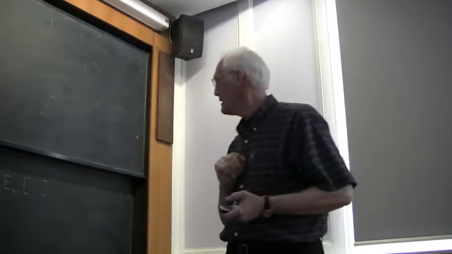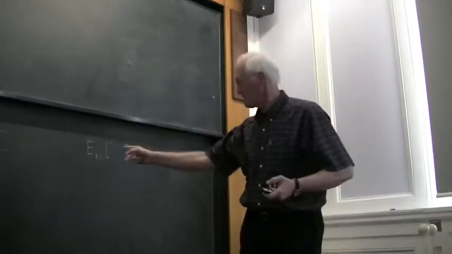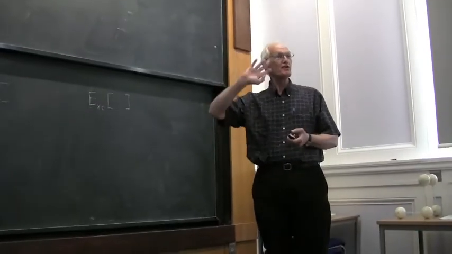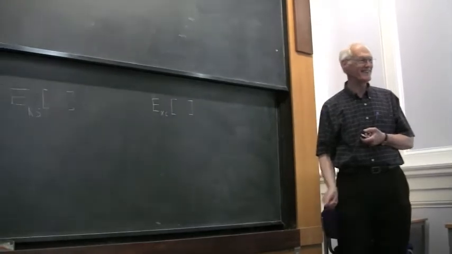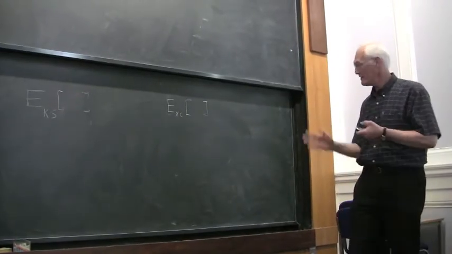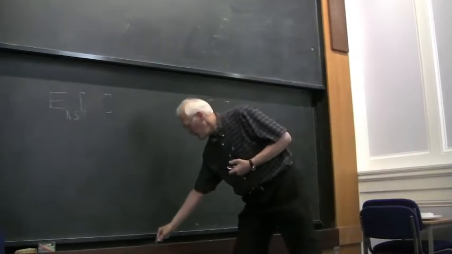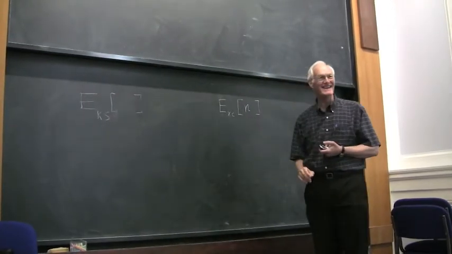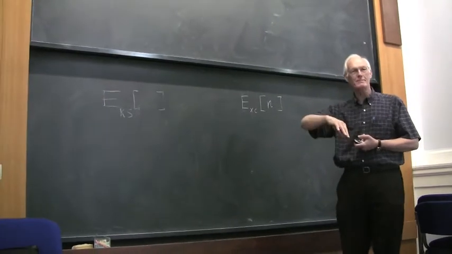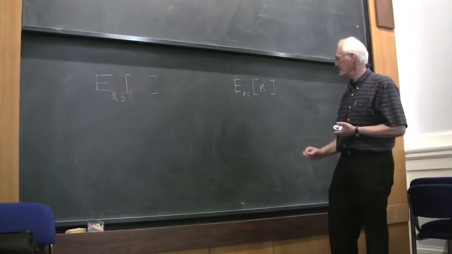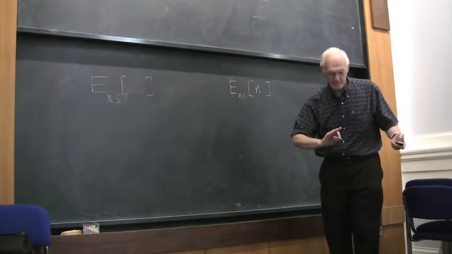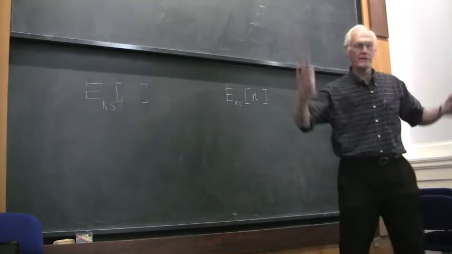Okay, think about it. What I wanted to do on the board was to be clear that there are more than one functional that people talk about. The key functional is the exchange correlation functional of the density, and that's used in local density approximations, the gradient approximations, etc. That's the basis of the theory.